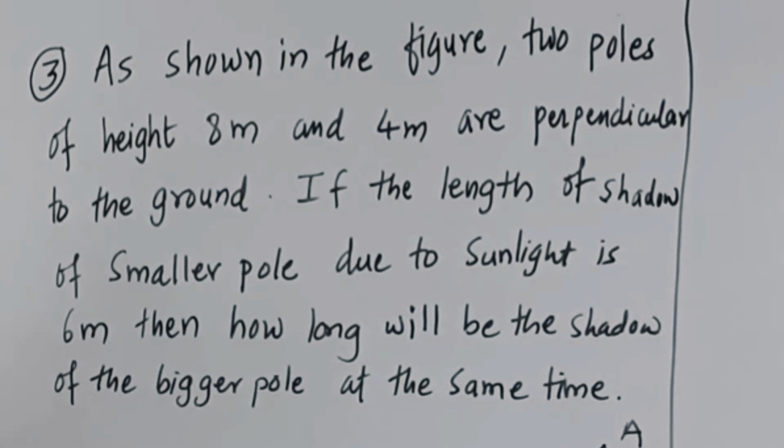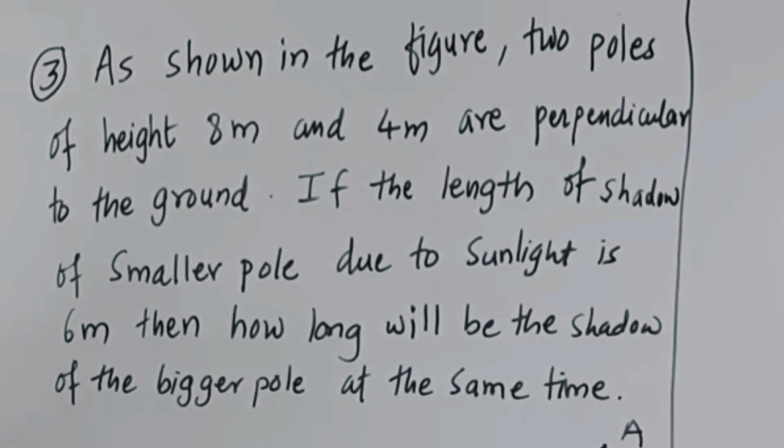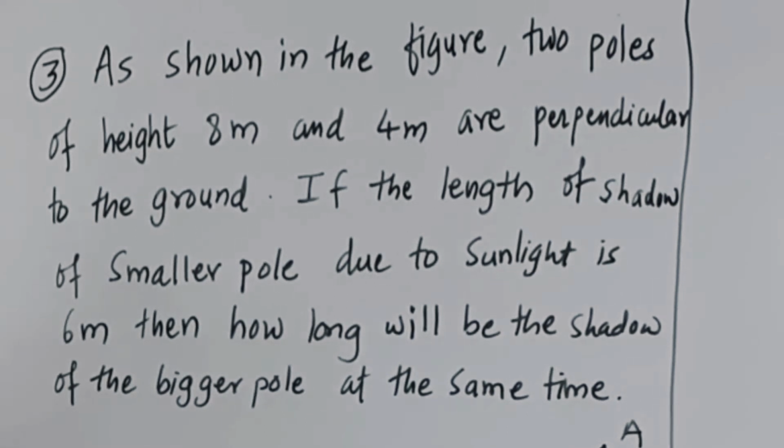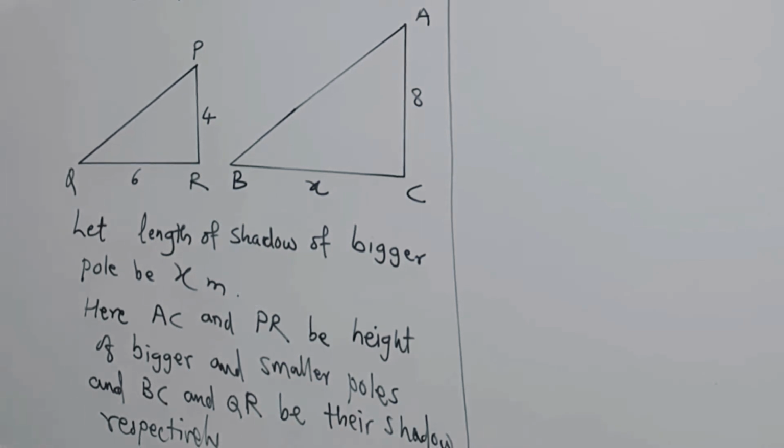Third example: as shown in the figure, two poles of height 8 meters and 4 meters are perpendicular to the ground. If the length of the shadow of the smaller pole due to sunlight is 6 meters, then how long will be the shadow of the bigger pole at the same time?